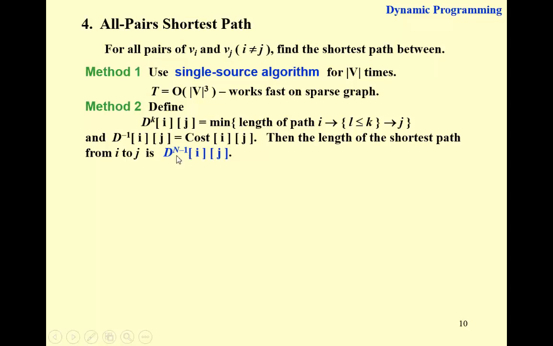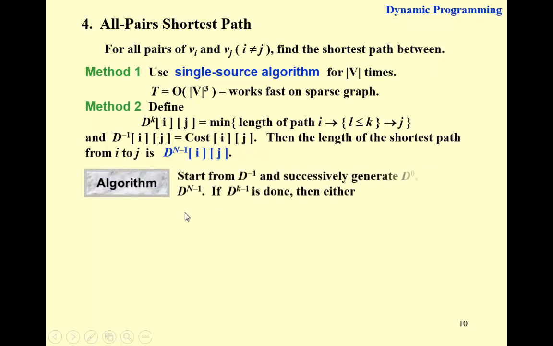That means we have considered all the vertices, and this is the real shortest path. So the algorithm is we start from the cost matrix D sub negative 1 and successively generate D sub 0, D sub 1 until we finally obtain D sub n minus 1. Basically this is the definition of a subproblem.